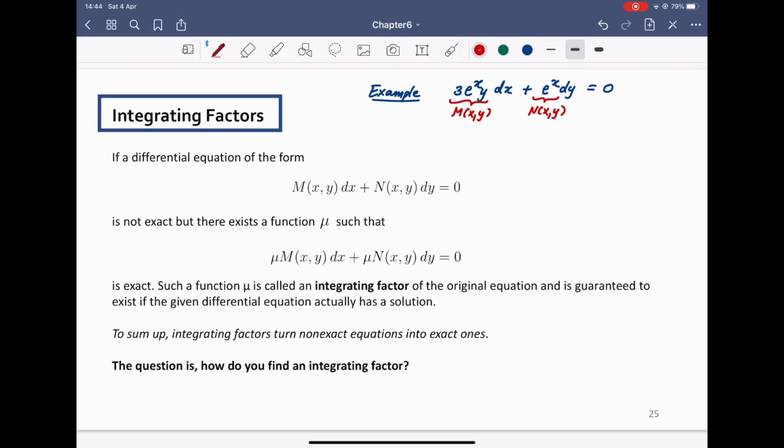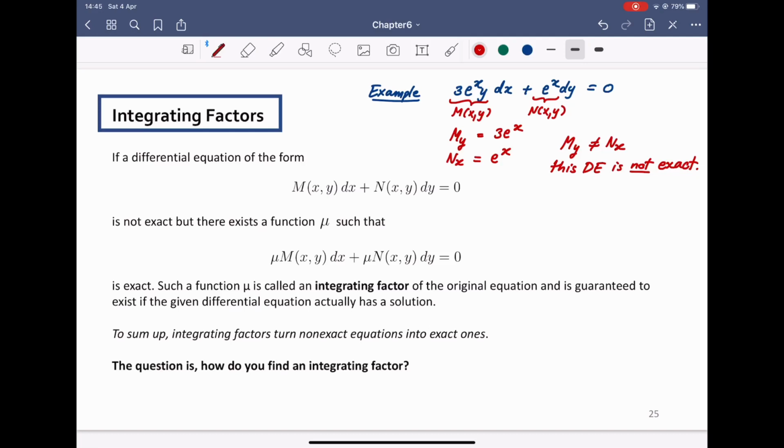Once I set up M and N, I differentiate M with respect to y, so what I get is 3e^x, and I differentiate N with respect to x, so I get e^x. So M_y is not equal to N_x, so this differential equation is not exact.